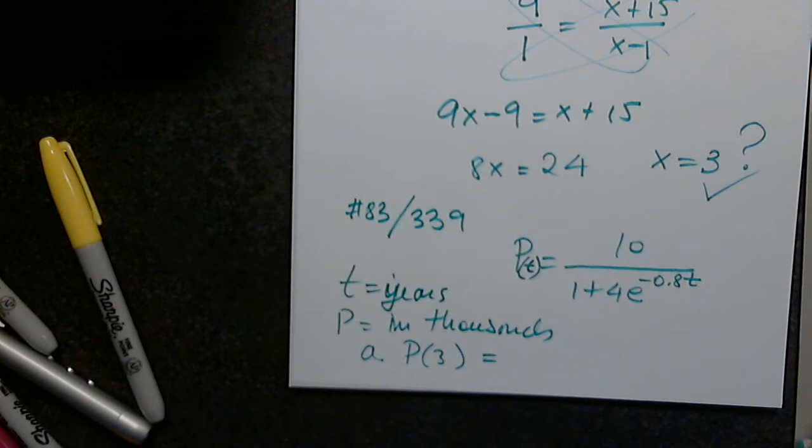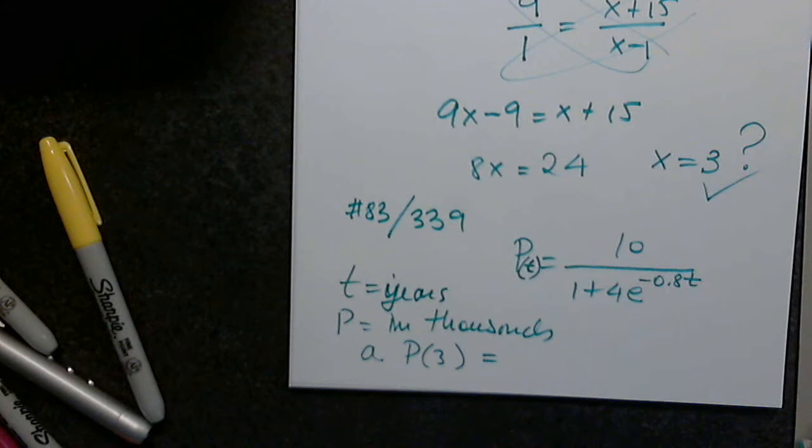Now, when you look at this function, you don't need to know the name of it, but you could say it's a combination of a rational function with exponential. It's a logistic growth model, actually. Okay, so here it is. 10 divided by, in parentheses, 1 plus 4.